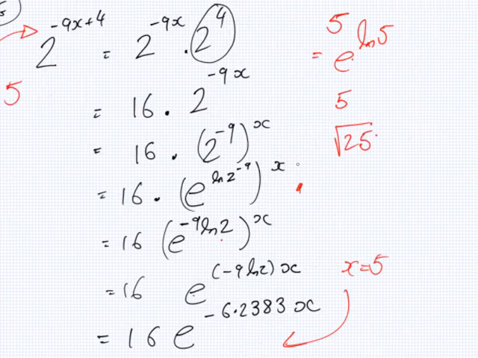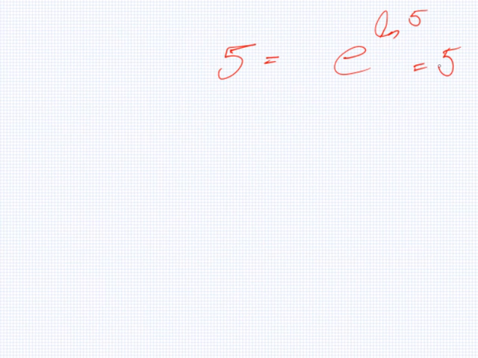So, on the side here, if I have 5, you can type in on the calculator e to the log 5 and you will get the same answer. It will still be 5. Just like if you had 5, you can write it as square root 5 squared. Square and square root cancel, e and log cancel.